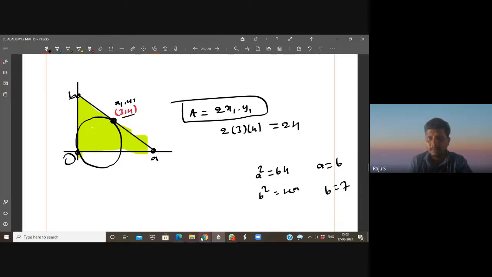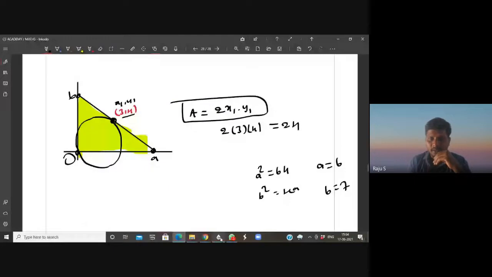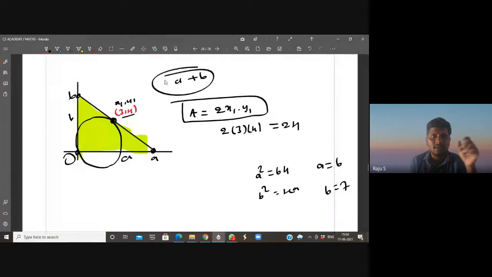See students, in this question, the intercept made by the tangent is, here the point is directly given. The least intercept of the coordinate axis is given by a plus b. This is a, this is b, no? A plus b is the least one.